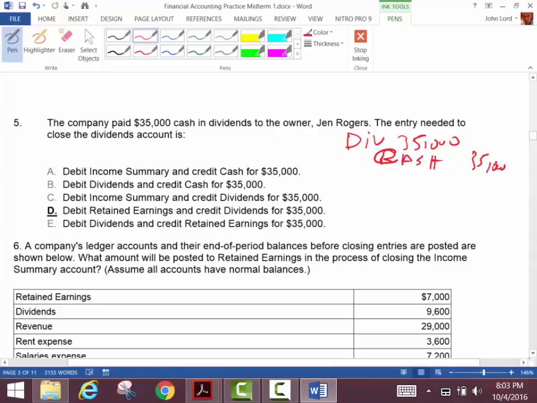And then we want to close that dividend account, don't we? So we debit retained earnings 35,000, and we credit the dividend account to close it, right? Okay.